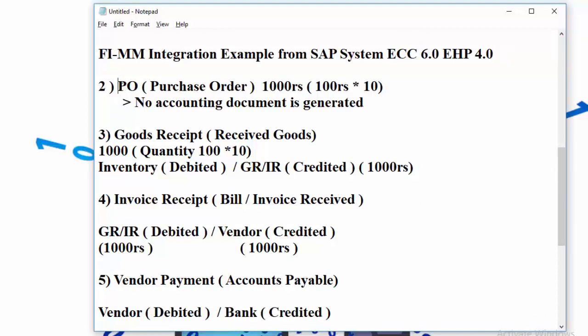The purchase order is a step where the formal agreement will happen. While you are entering a purchase order, you will have the price of the material.